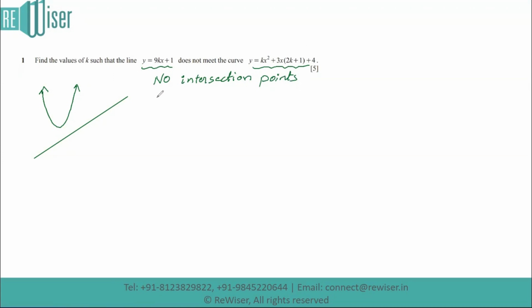So when I equate both the equations, I'll get kx² + 3x(2k + 1) + 4 = 9kx + 1. Whenever we think about finding a point of intersection, this is how we equate and simplify.